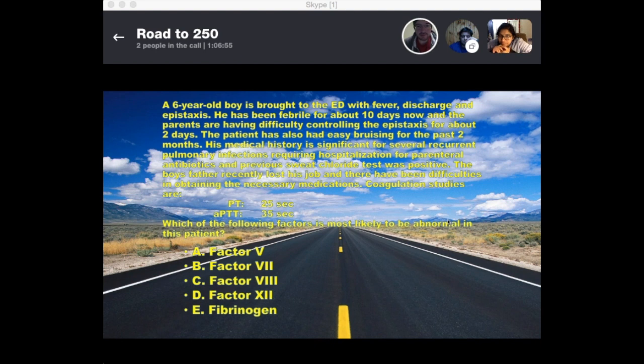His medical history is significant for several recurrent pulmonary infections requiring hospitalization for parenteral antibiotics, and a previous sweat chloride test was positive. The boy's father recently lost his job, and they've been having difficulties in obtaining necessary medication. Coagulation studies are PT 25, PTT 35. Which of the following factors is most likely to be abnormal in this patient?